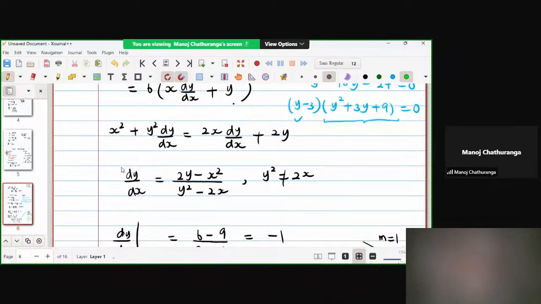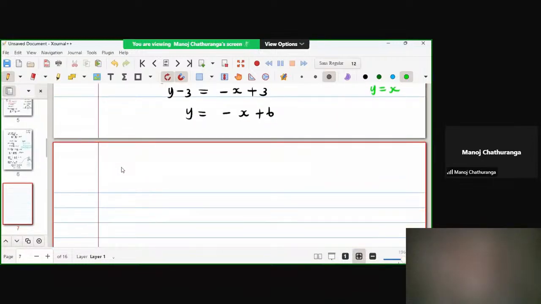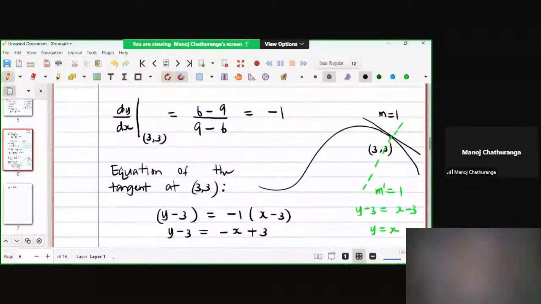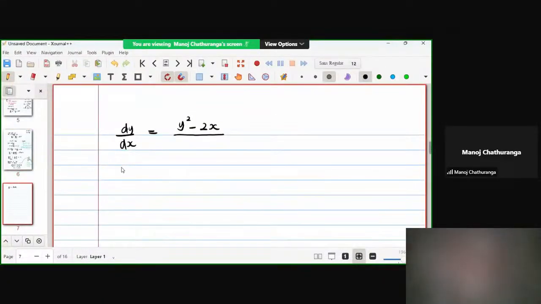To have a horizontal tangent line, remember, dy over dx is (x squared minus 2y) over (y squared minus 2x).